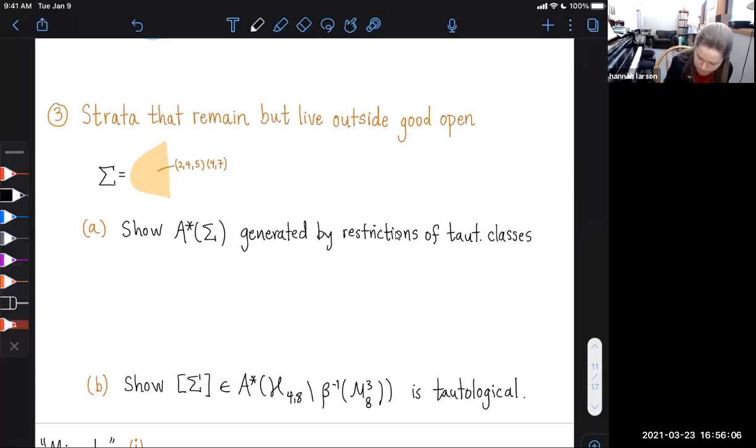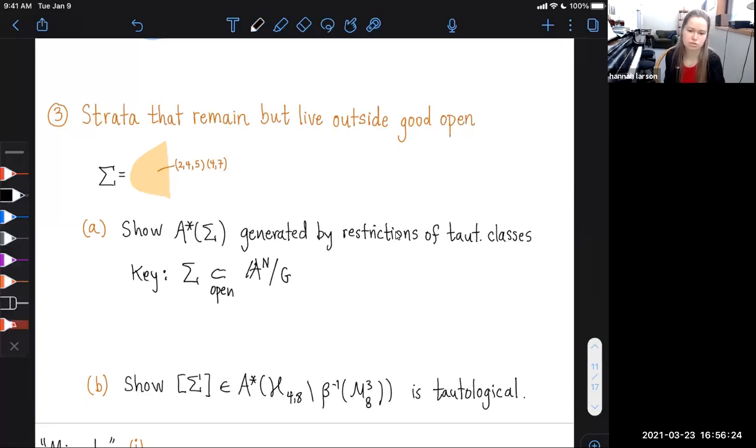So the key to part A is to realize that sigma is actually an open inside of a quotient of affine space by a group action.